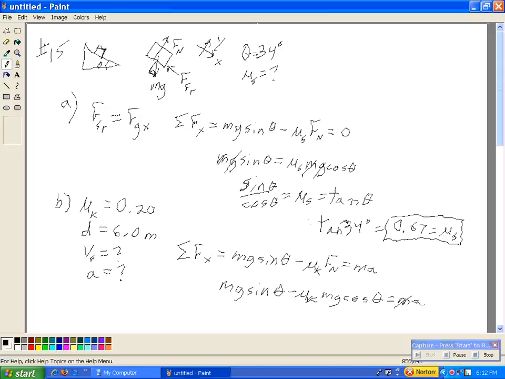Okay. Mass doesn't matter. So g sine theta minus mu k g cosine theta equals a.